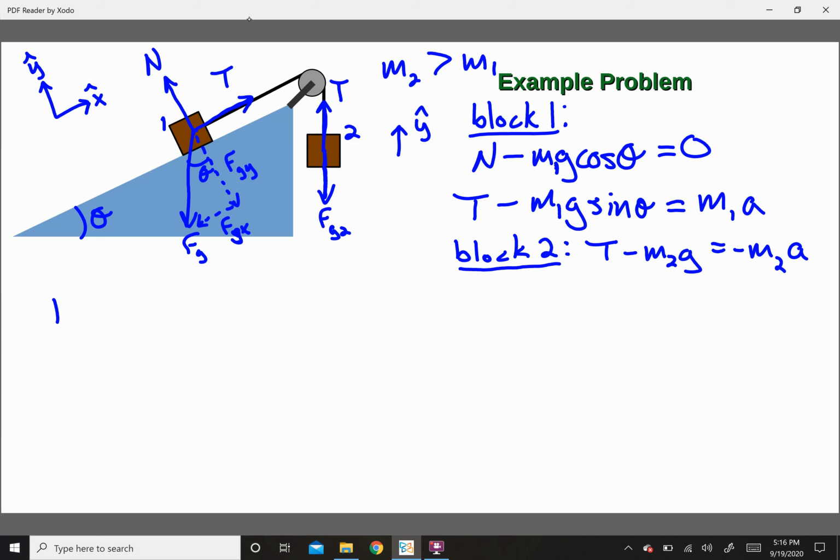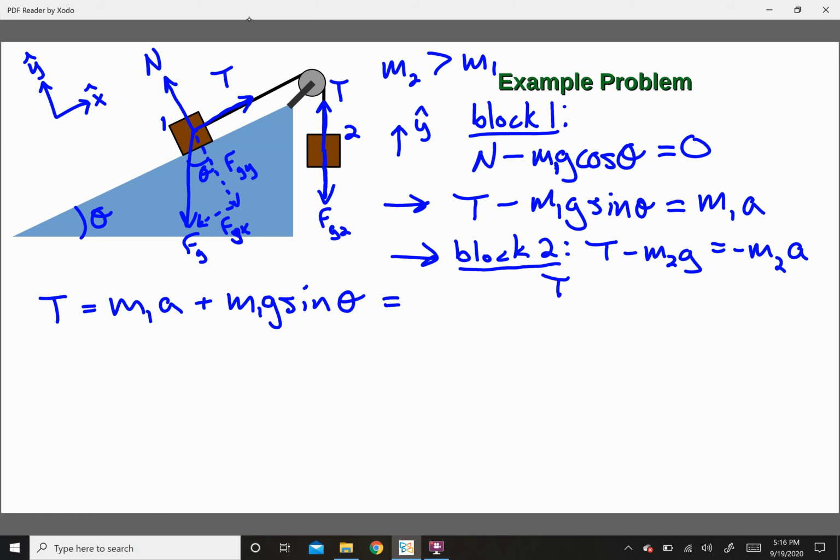So if I solve for tension of block 1 with this equation, I would get that it's equal to m1a plus m1g sine theta. Okay? And then I can set that equal to what I would get if I solved for tension in this equation.